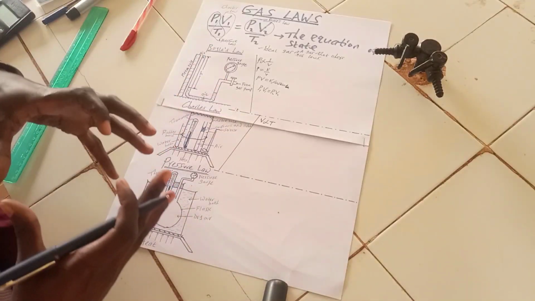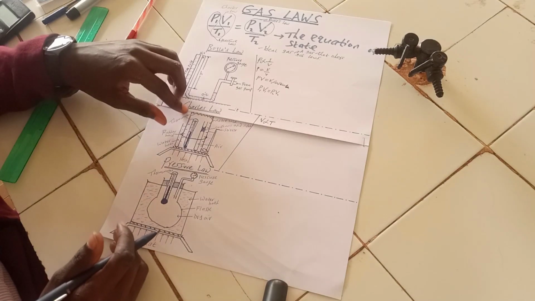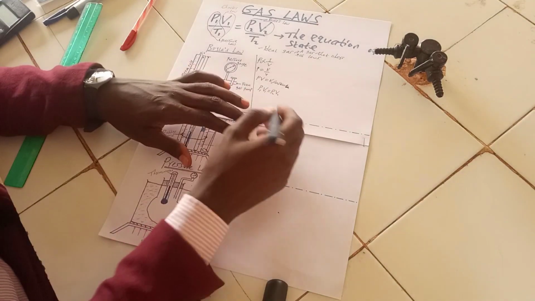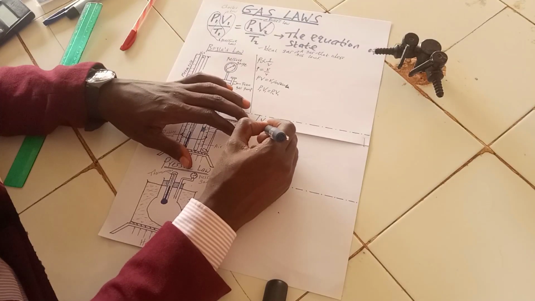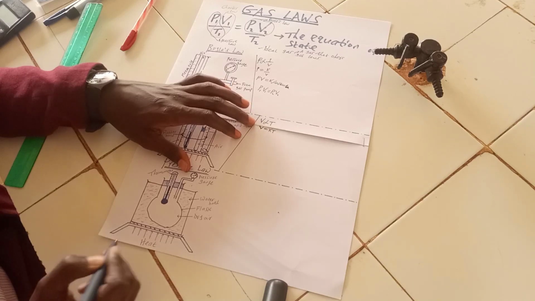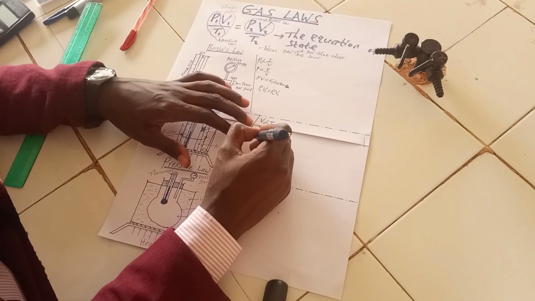Because when you increase the temperature, the balloon is expanding. In other words, the volume of that balloon is increasing, meaning they are directly proportional. If you remove the proportion sign, you introduce a constant. So volume equals kT. If you divide both sides by T, volume all over temperature is a constant.